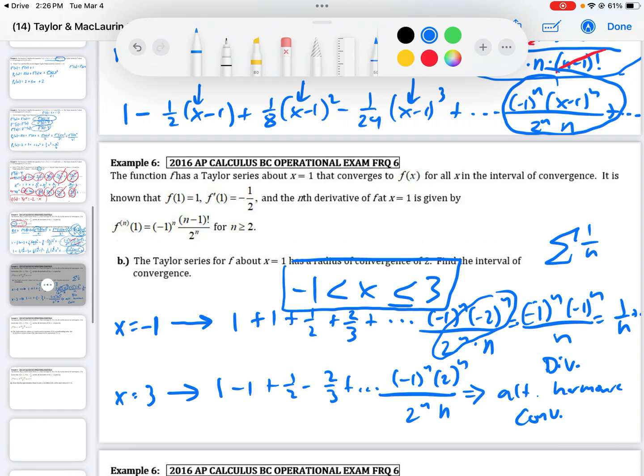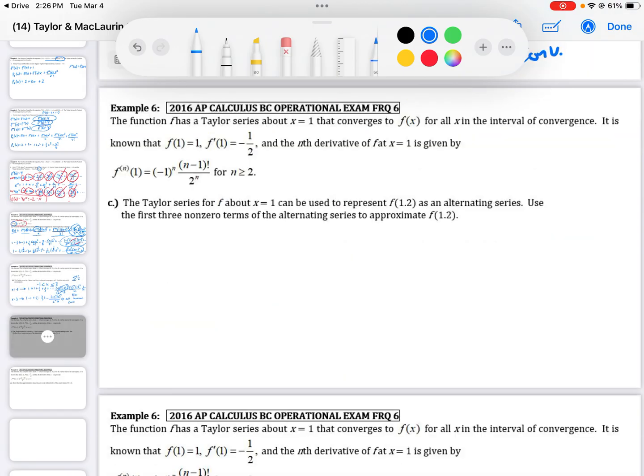All right, 2 more, and this is almost over. The Taylor series for f about x equals 1 can be used to represent f of 1.2 as an alternating series. Use the first 3 non-zero terms of the alternating series to approximate f of 1.2.